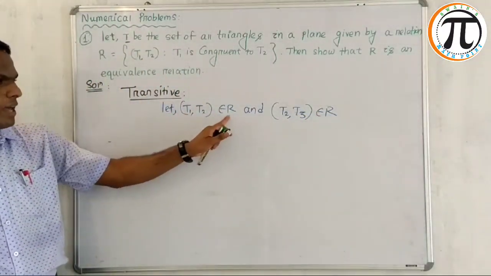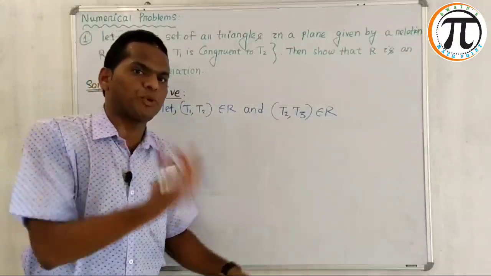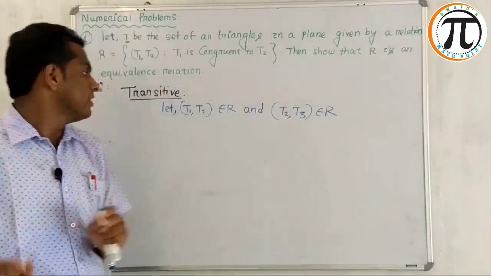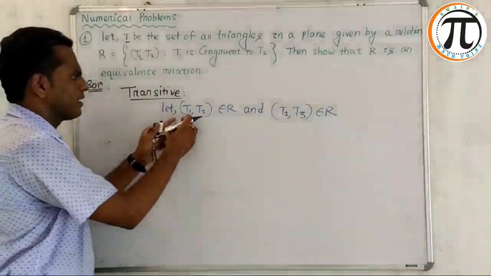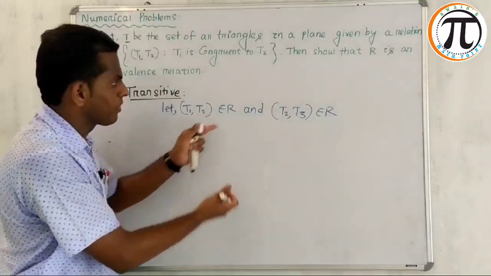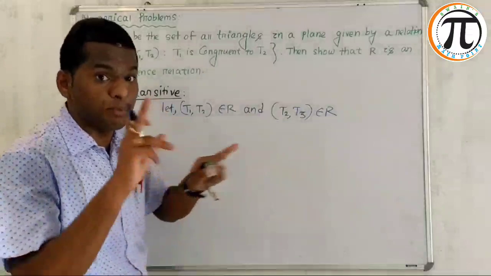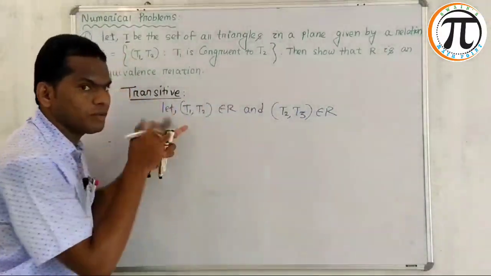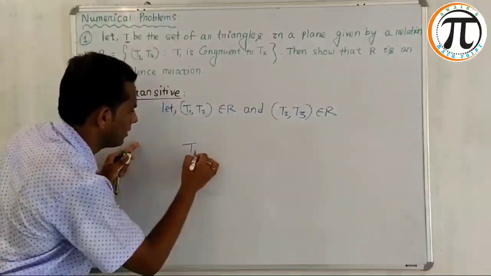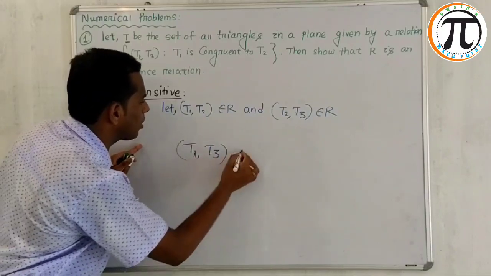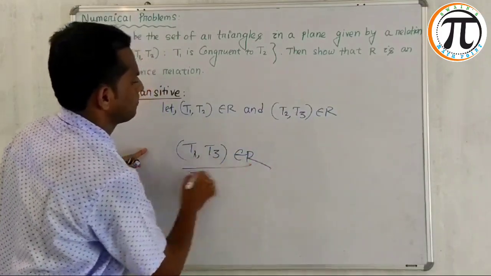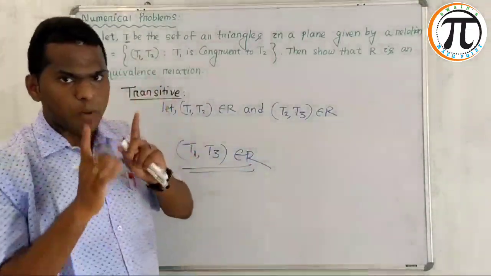Let AB belongs to R, BC belongs to R. Then you have to prove that AC belongs to R. Similarly, I am taking here T1, T2 belongs to R, and T2, T3 belongs to R. A, B, BC. You have to prove that AC belongs to R. मतलब here you have to prove that T1, T3 belongs to R. है कि नहीं?